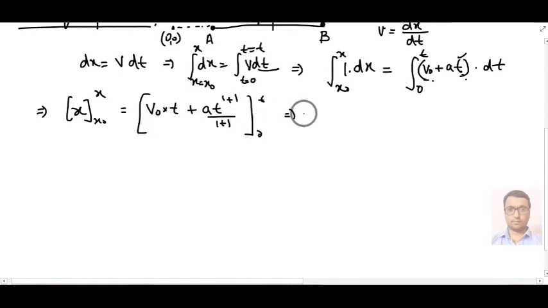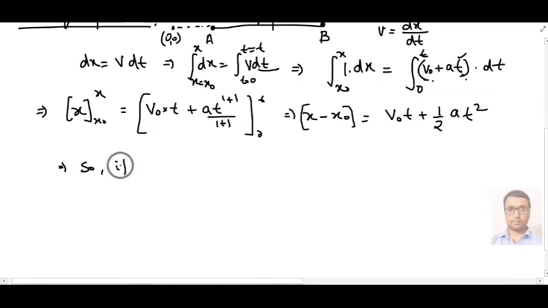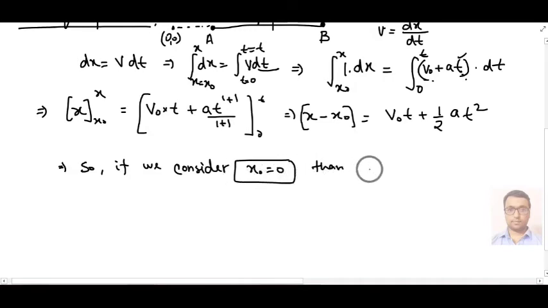Then you will put upper limit minus lower limit, and it will become equal to v0 t plus 1 by 2 of at square. So if we consider x0 equal to 0, then x will be v0 t plus half at square. That is the second equation.